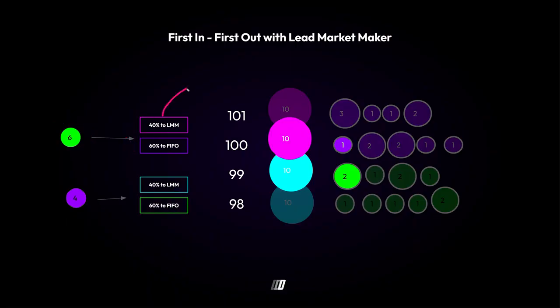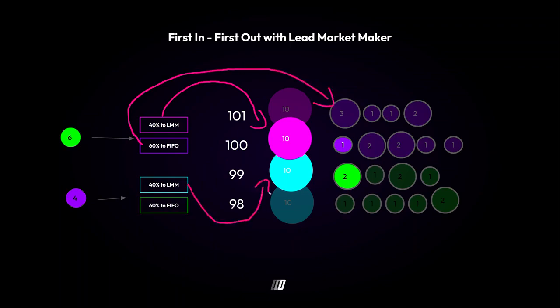So 40% of the volume will go to the market maker who's leading. 60% will go to the FIFO queue. Okay?